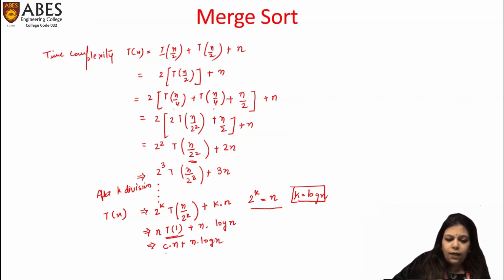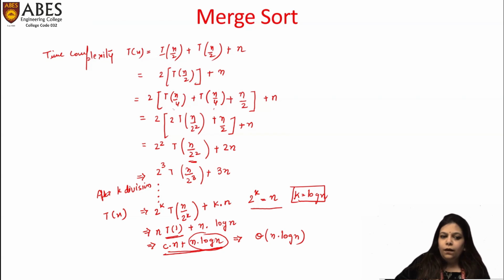And as you know, in this expression, n log n is the dominating term. So this can be represented as theta of n log n. So the time complexity in all the cases will remain theta of n log n.